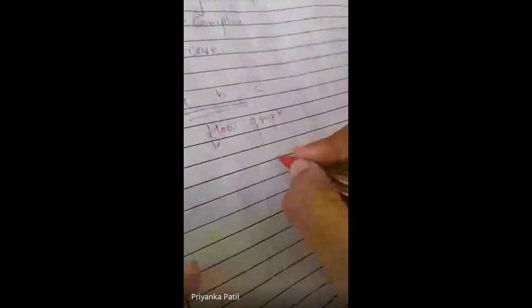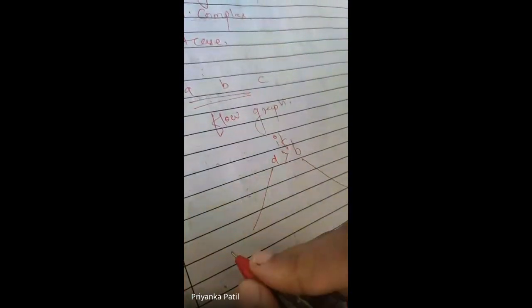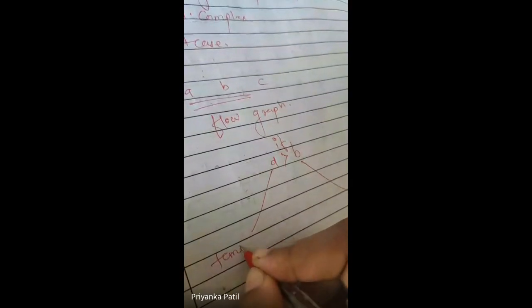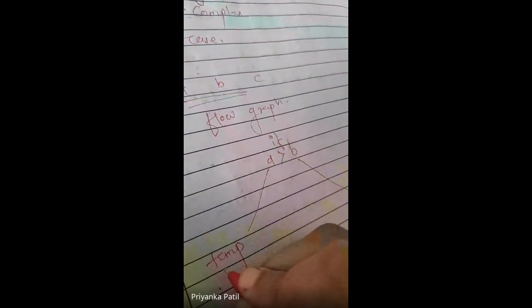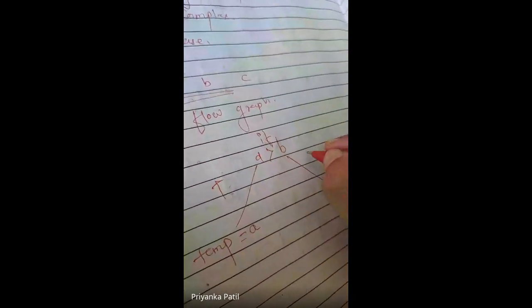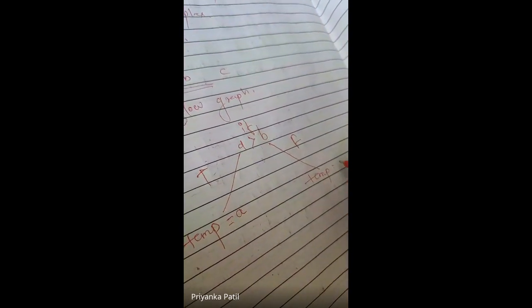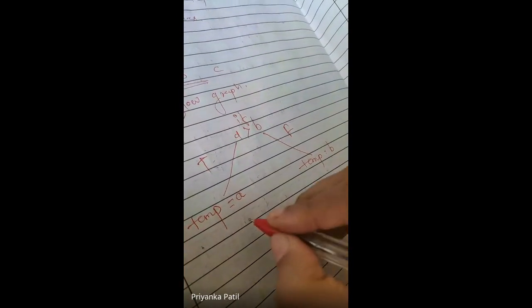First we need to compare A and B. That means we check if A is greater than B, there are two conditions. If A is greater than B, then we store A in a temporary variable, suppose we call it temp, so temp is equal to A if the condition is true. If the condition is false, then we save the value of B in the temporary variable.